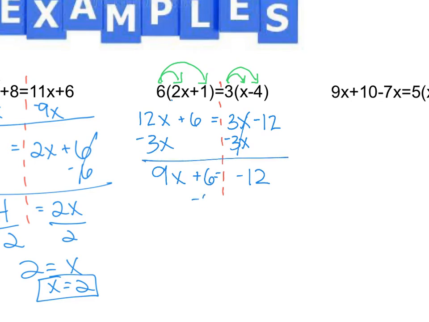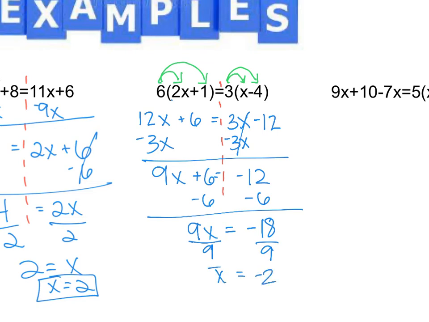And then I'm going to subtract the 6 from both sides. Negative 12 minus 6 is negative 18. And then we undo multiplication by dividing, and we end up with x equals negative 2, and we're good. Next one.